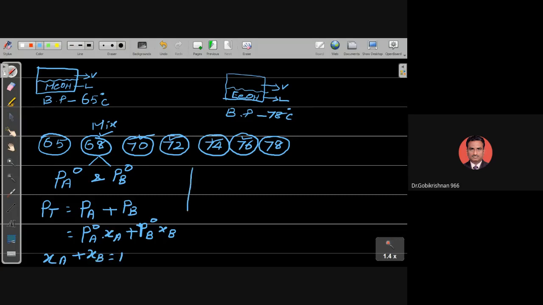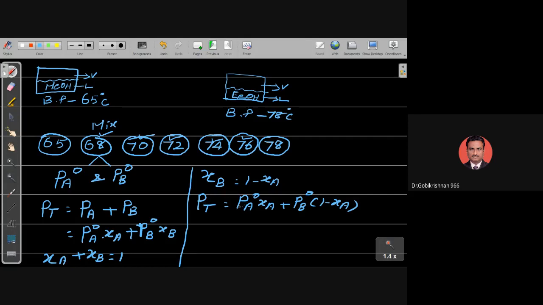Otherwise, I can write XB is equal to 1 minus XA. Substitute 1 minus XA in place of XB. Therefore, the expression becomes PT equals PA0 XA plus PB0 (1 minus XA). This PT is the total pressure, which is given as 760 mm of mercury.